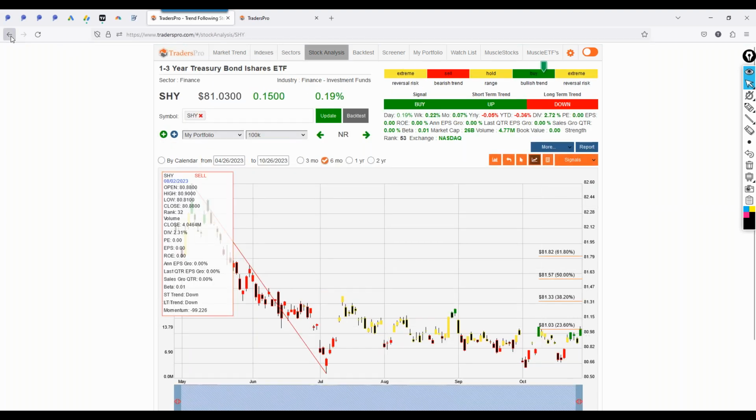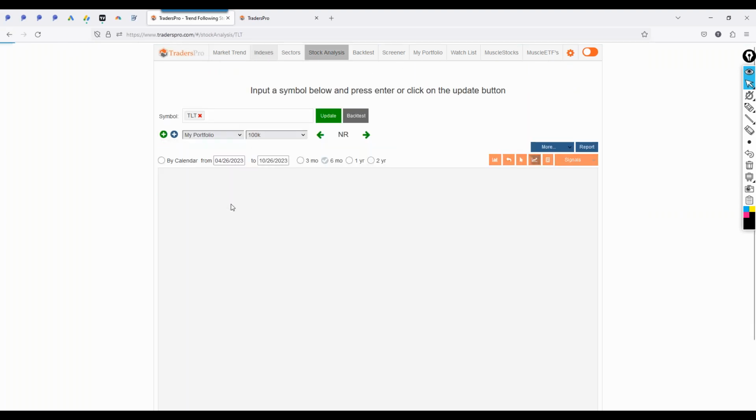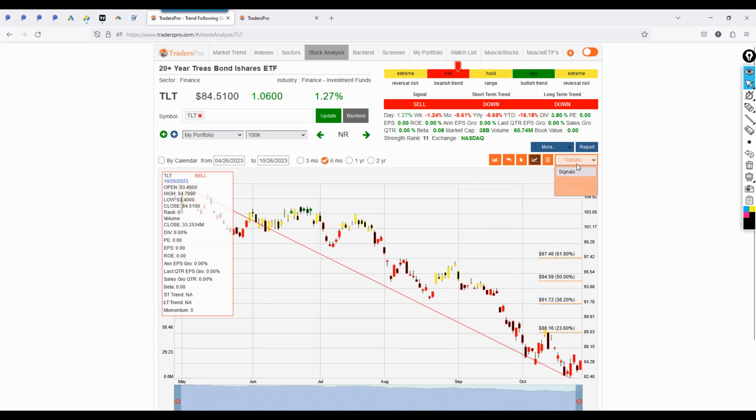SHY is moving up today so far. TLT is not green yet, but it's at least up. It's at least trying to find a bottom. At least it's not sliding anymore, which is what we want. That's what I think the market is ultimately waiting to see.